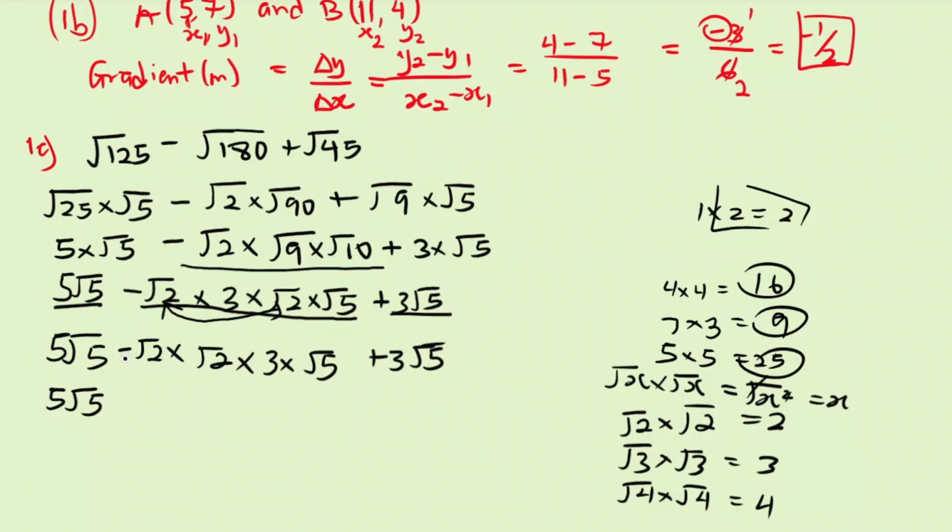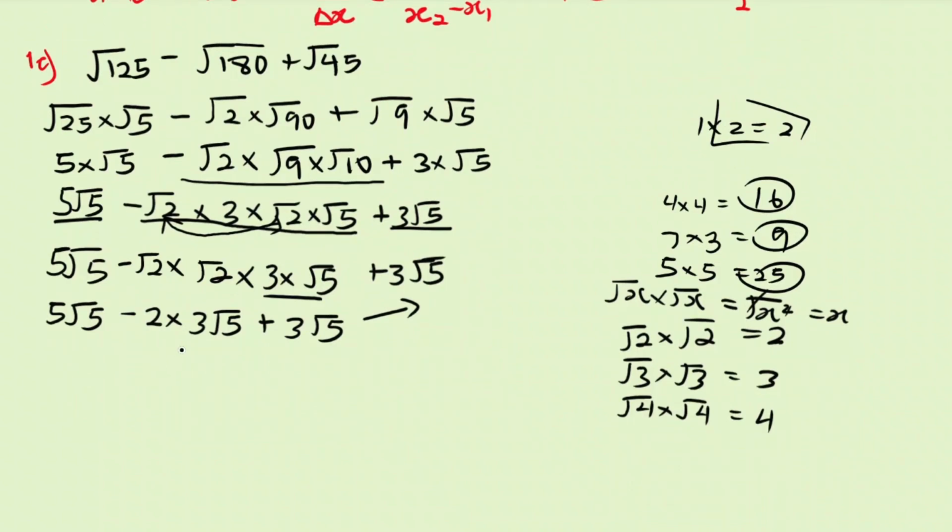But remember, we have a negative sign. So that's going to be neg 2. We are left with these two guys. 3 times the root of 5. That's going to be 3 root 5 plus 3 root 5. Now, we can still simplify this. So we're going to get 5 root 5. Neg 2 times 3, that's going to be neg 6 root 5 plus 3 root 5.